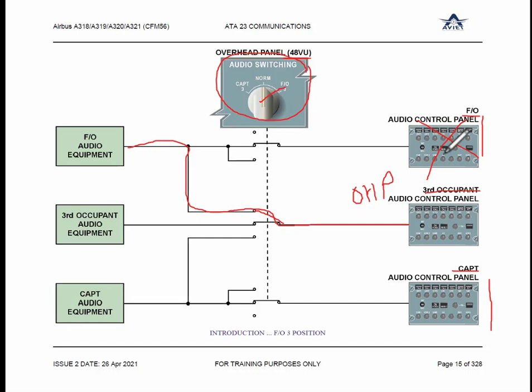Yes, sir. You mean if the audio panel for the first officer is not working, you can select it from the audio switching. Does that mean if the hardware is not working and you switch to first officer, the hardware starts working, or will you use the overhead audio panel in place of the first officer's audio panel?